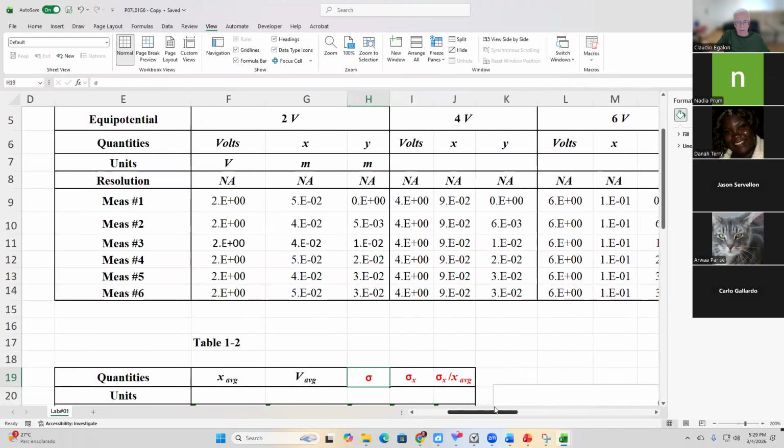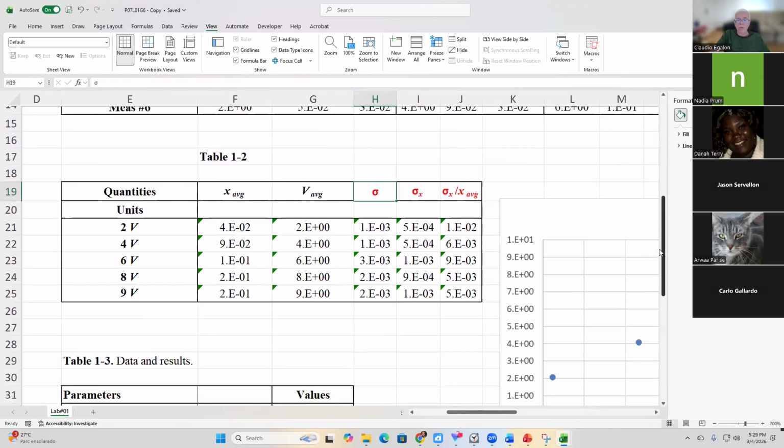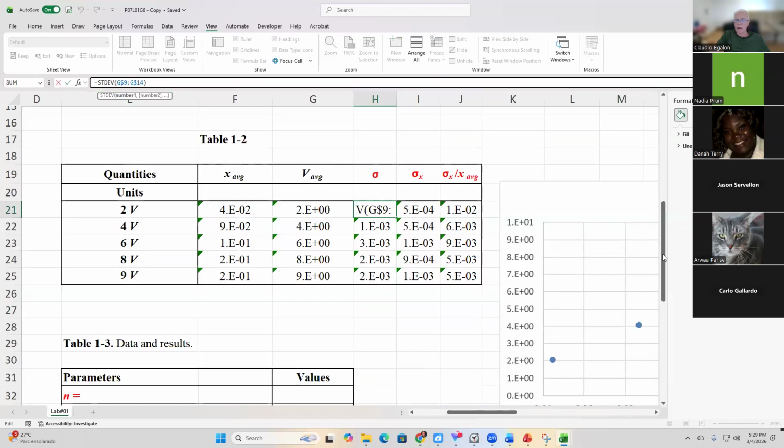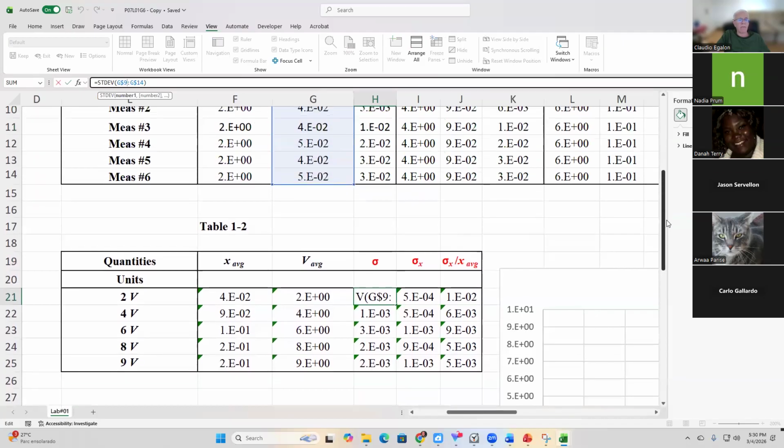Sigma in this case stands for standard deviation, the standard deviation of your measurement. Let's see what standard deviation we are calculating here. STDEV.